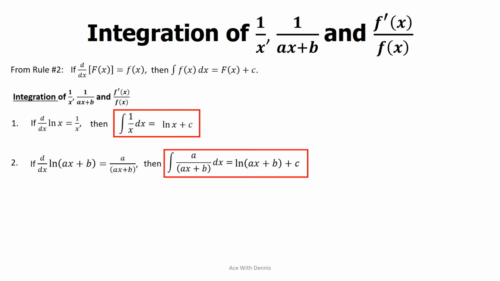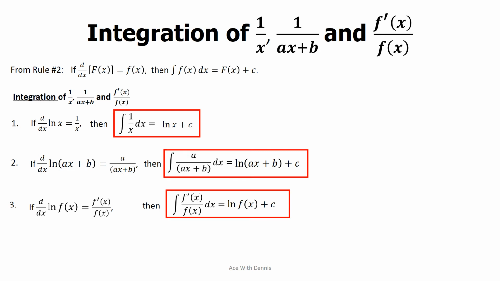Please remember this equation. Number 3. More generally, if d over dx of ln fx equals f prime x over fx, then the integration of f prime x over fx dx equals ln fx plus c. Please remember this equation.